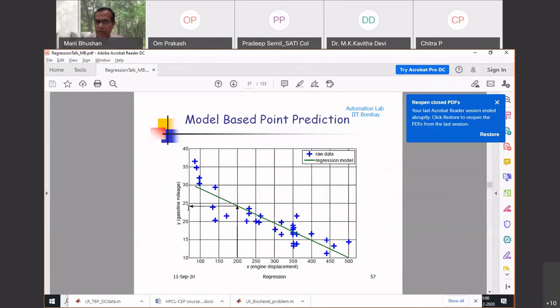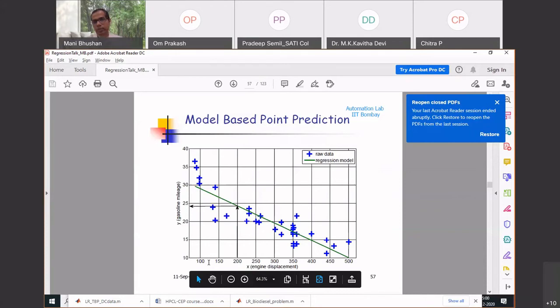Again, you can ask, is that a random variable, the predicted value? The answer is yes, it's a random variable. What does it mean? If I were to repeat the experiment, if I were to get new sets of pluses, run the existing cars again, I will get a new set of pluses from which I will get a different straight line. And from that straight line, if I again predict at 200, I will get a different prediction, right?